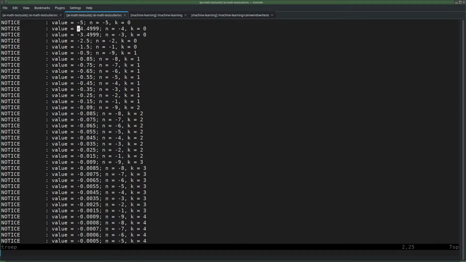I guess that makes sense because it should be -5 or -4, right? So this should just be rounded to the nearest integer. And again. And then yeah, 4999 or 0.5, I don't really care.